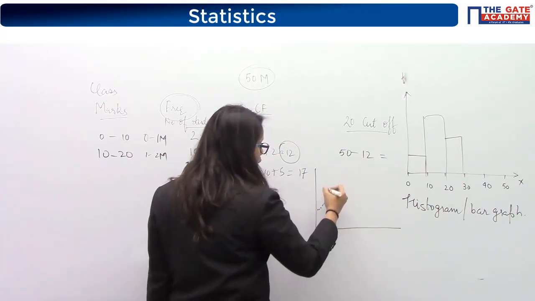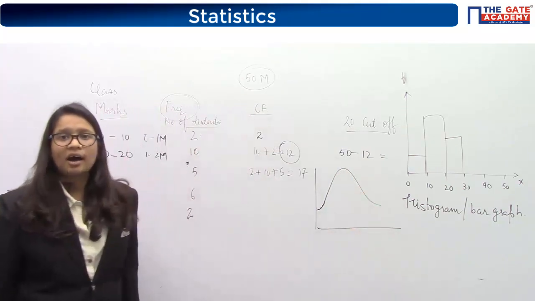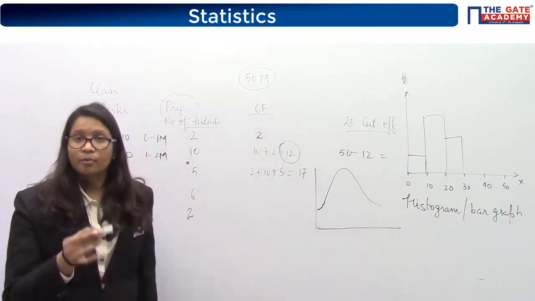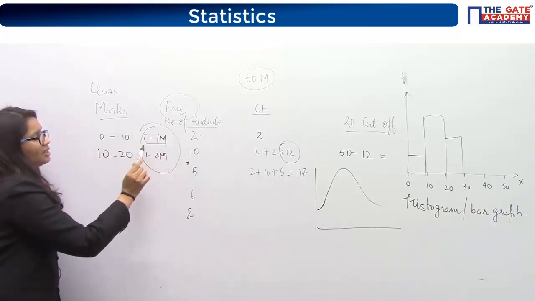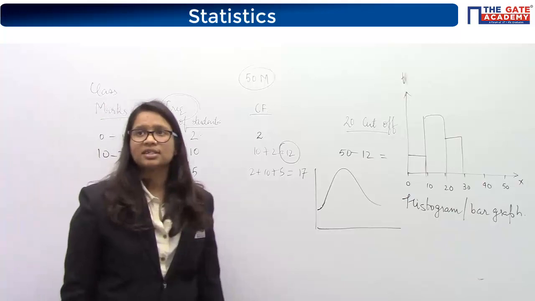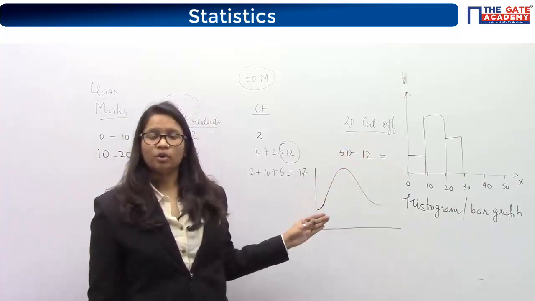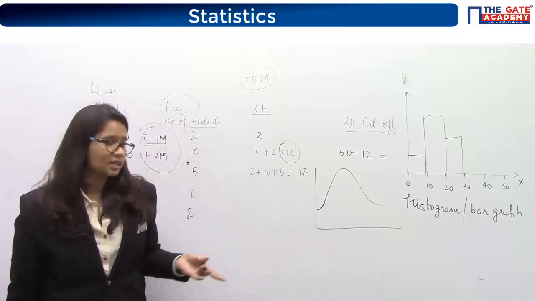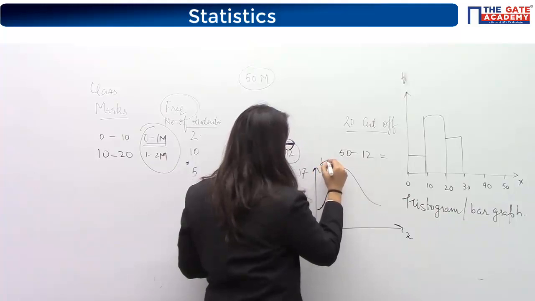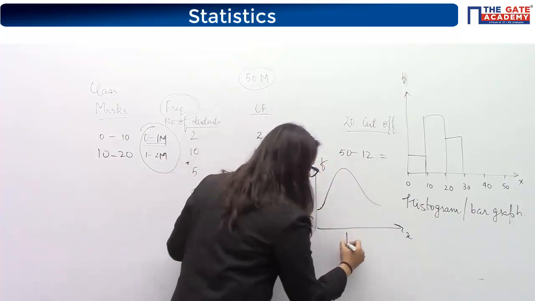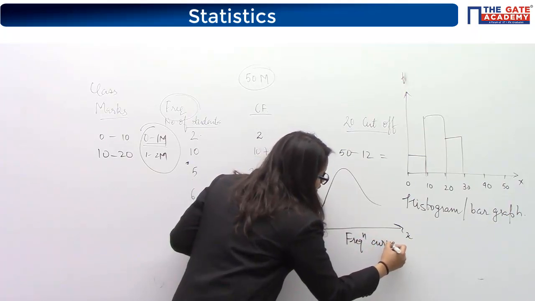It will be a combination of infinite points, and if you join all those points, the graph will turn into a curve. When your classes have a very small range, the bar graph will turn into a curve which is known as a frequency curve. It is again the same thing, x versus f graph, but now because it's a smooth curve, it is known as frequency curve.